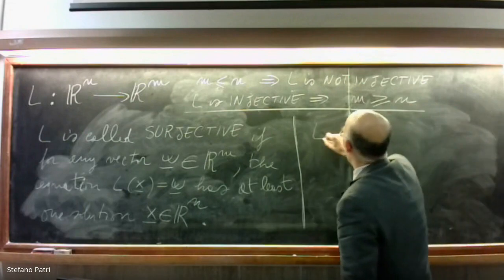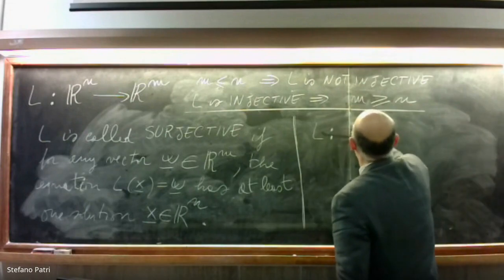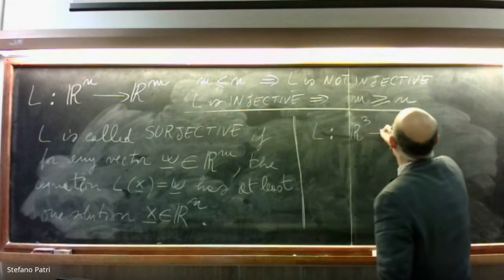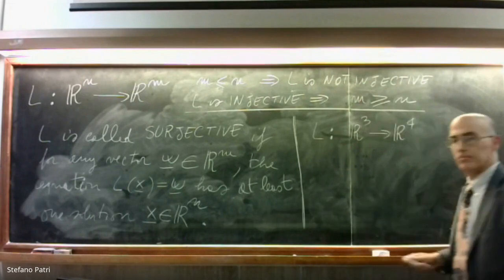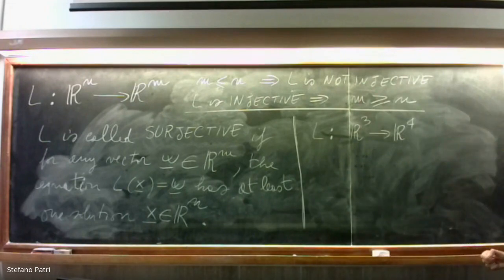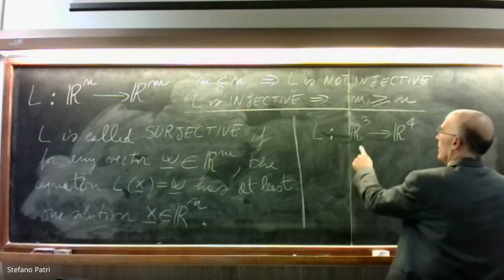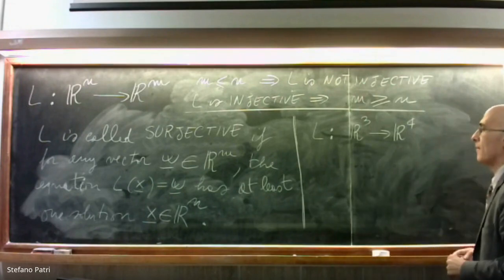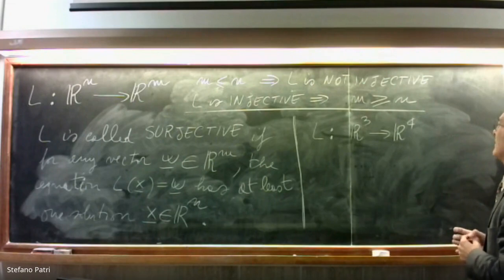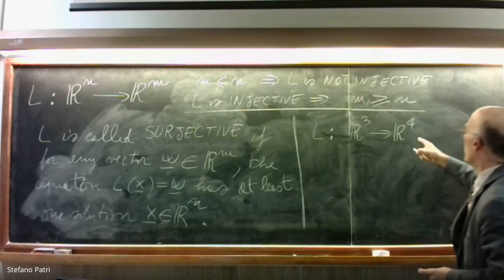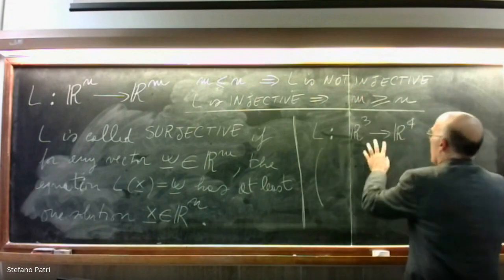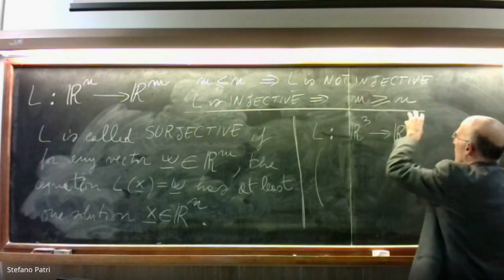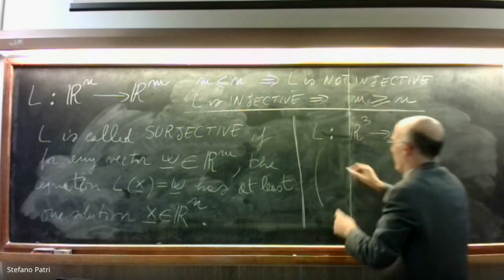If we take L from R3 to R4, the associated matrix is a matrix having 4 rows and 3 columns.